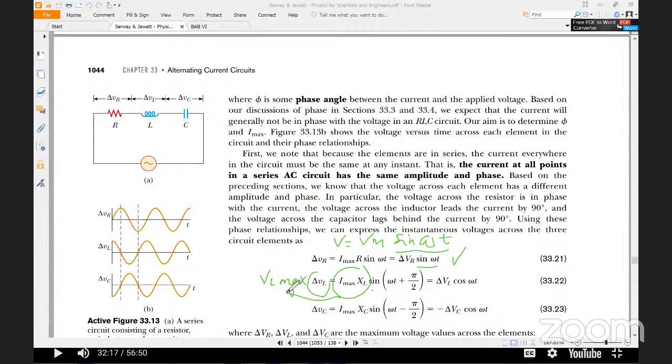Tegangan induktor maksimum. And VLmax we can say as Imax times XL.